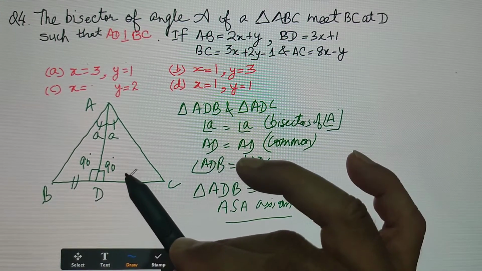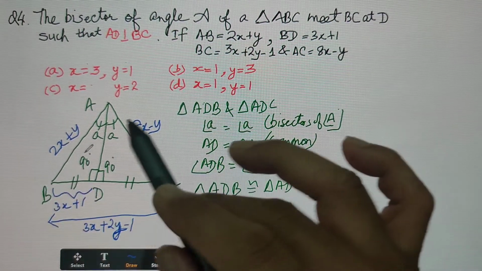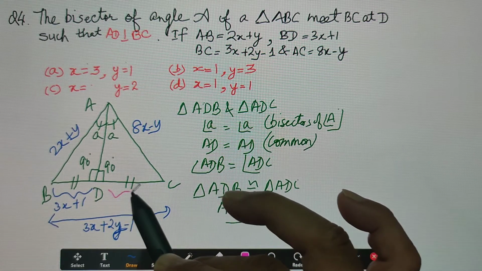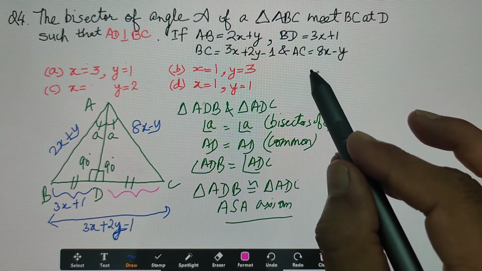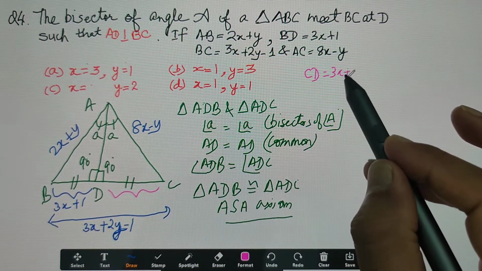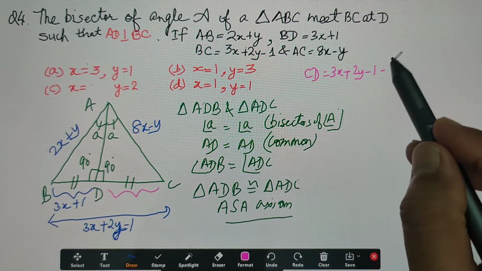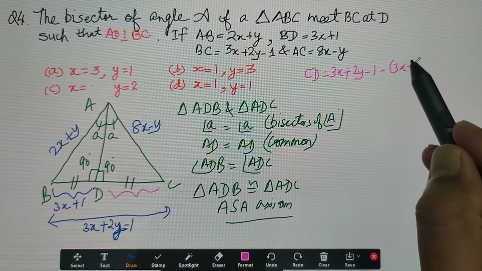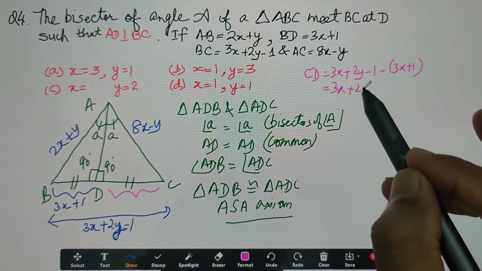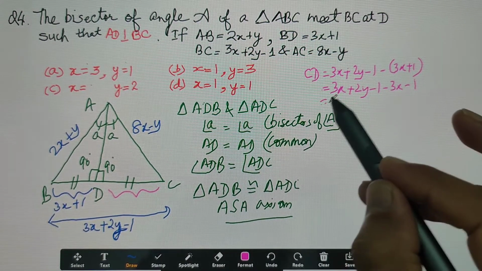This side and this side become equal. Now we have labeled the sides with their respective dimensions. Here we have to calculate the value of CD. Now CD is going to be 3x plus 2y minus 1 minus 3x minus 1.